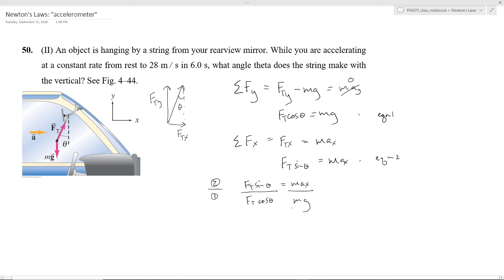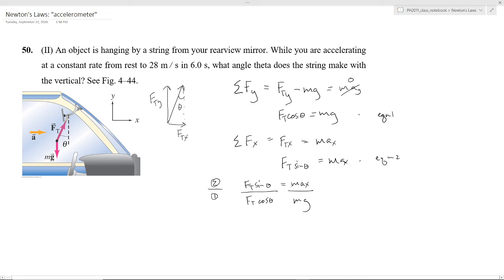Now, this might seem a little bit strange, but notice what this means. These equations say these things are equal. So really, when you're dividing one equation by the other, you're dividing each side by the same thing.